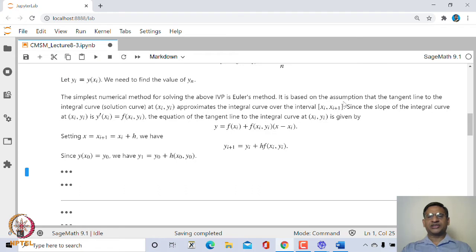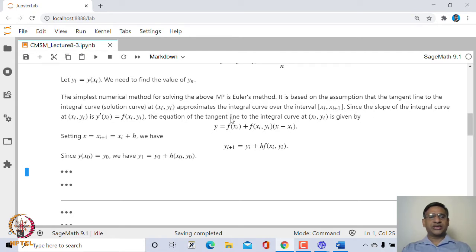It is based on the assumption that the tangent line to the integral curve, which is the solution curve, at any point (xi, yi) approximates the integral curve over the interval xi comma xi plus 1. So, in case xi plus 1 is very close to xi, this linear approximation of the function y will be a reasonably good approximation.